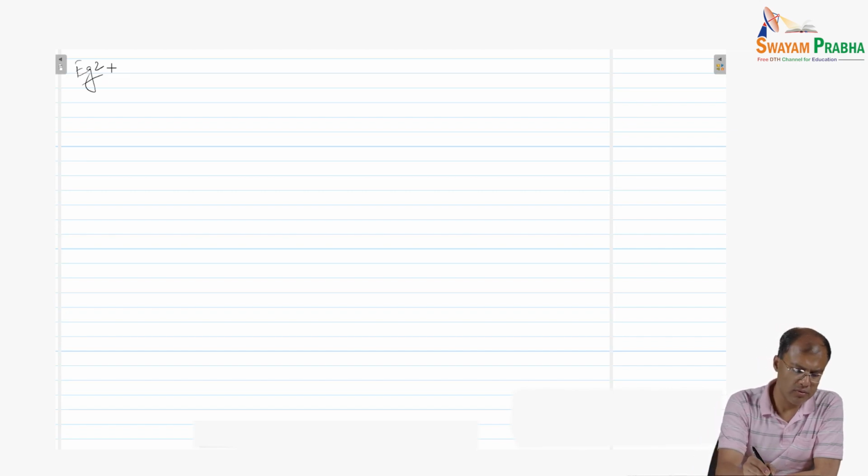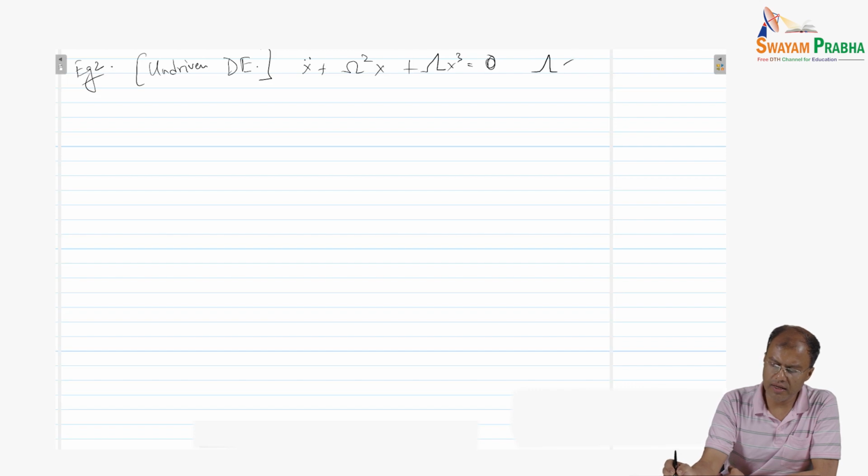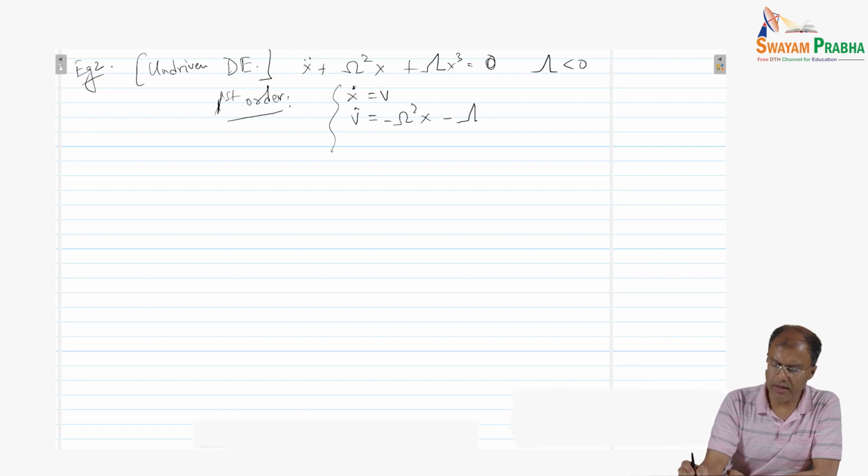So the undriven Duffing equation, and we have x double dot plus omega square x plus lambda x cube is 0, and we have lambda is less than 0, and the system of first order equations gives us x dot is equal to v and v dot is equal to minus omega square x minus lambda x cube, right?